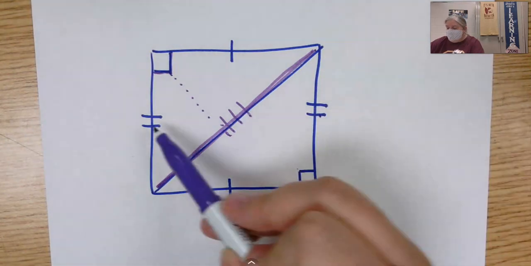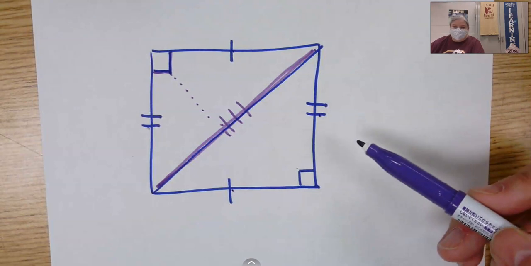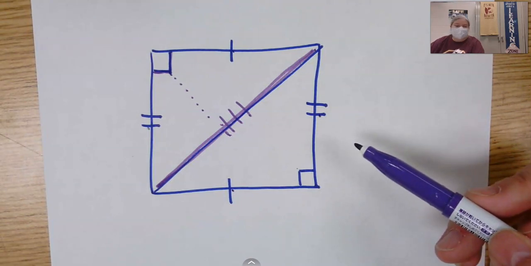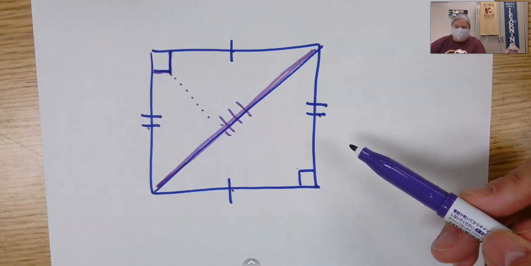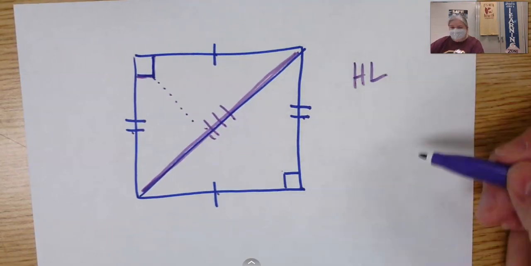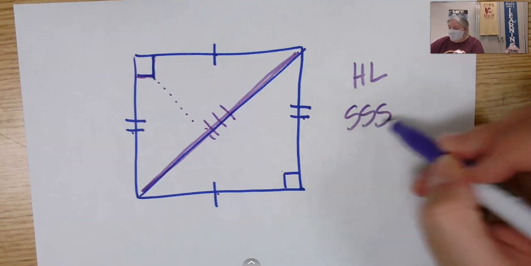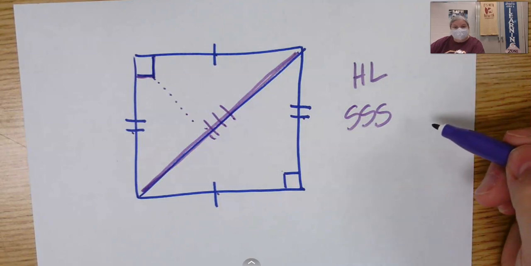And then there's a leg that's congruent or another leg. Basically, remember that both sides of a right triangle that are not the hypotenuse are called legs. So this could be HL, but what else could it be? This could also be side, side, side, because I have 3 pairs of congruent sides. What else could it be?